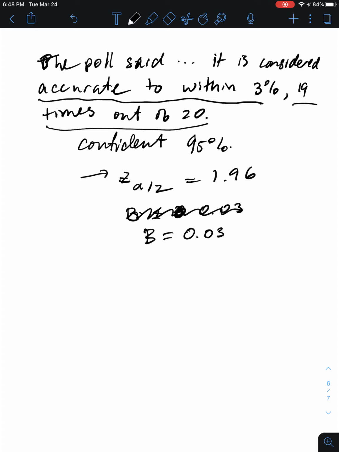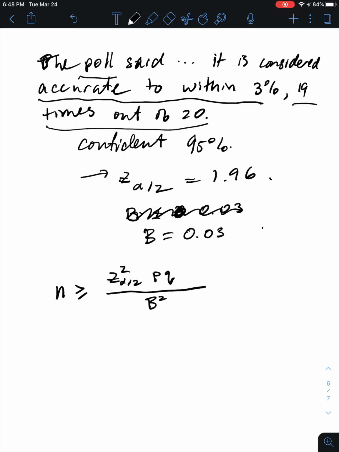Now the third thing we need, remember we are in a discrete case, we're doing a poll. So the correct formula is that n is greater than or equal to Z sub alpha over 2 squared, divided by b squared, times pq. That's our formula for the discrete case for a poll.